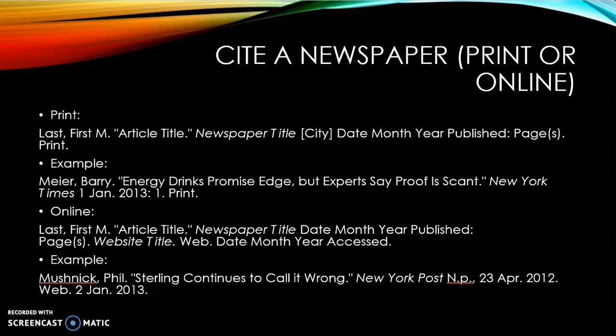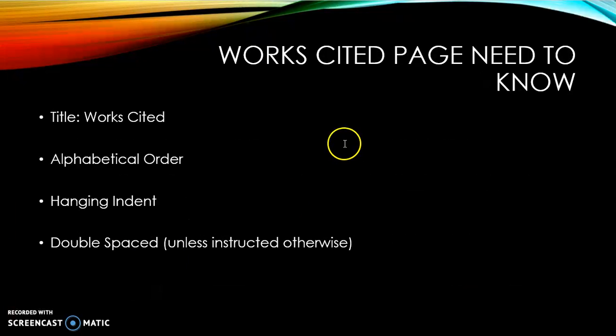Okay, moving on to putting your works cited page together. So the title is always works cited, and that's at the top center of your page. Then all of your citations go in alphabetical order. This goes by the author's last name, the first letter of the author's last name. If there is no author's name, then it goes by the next part of your citation.